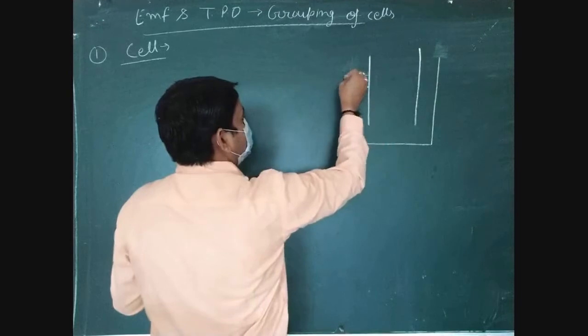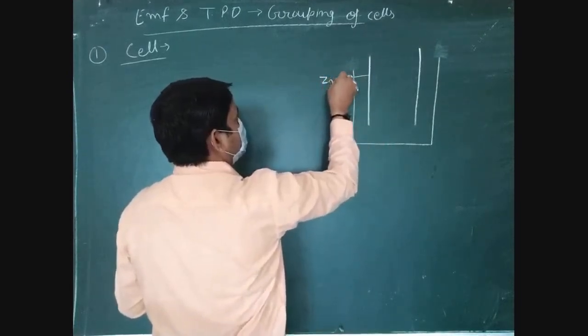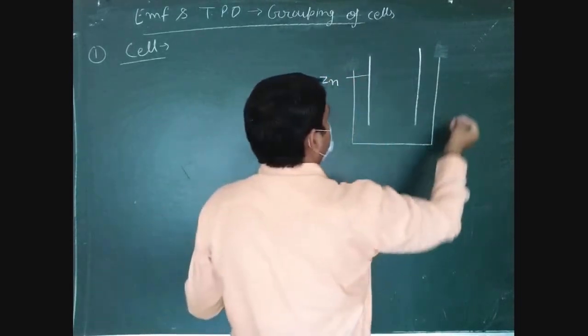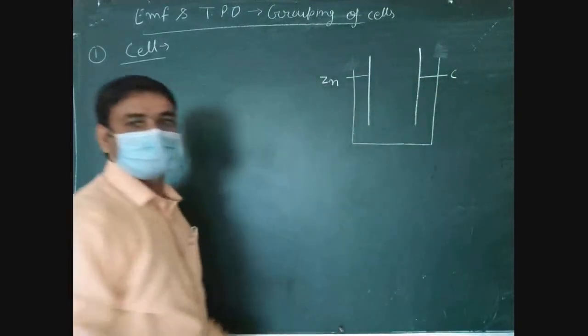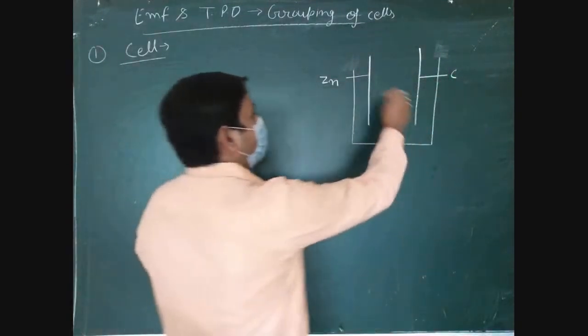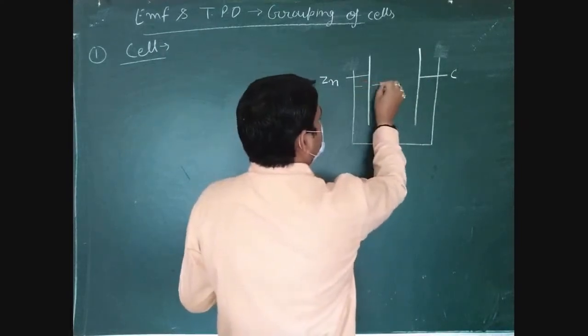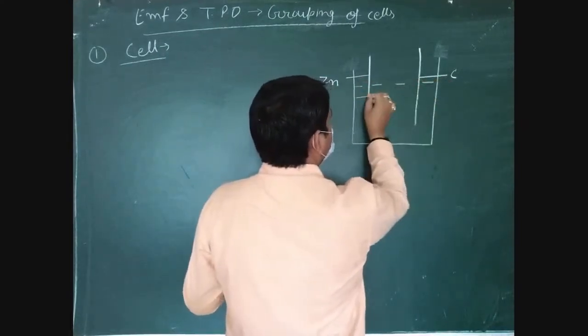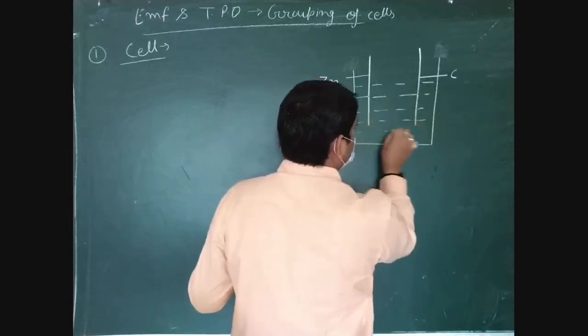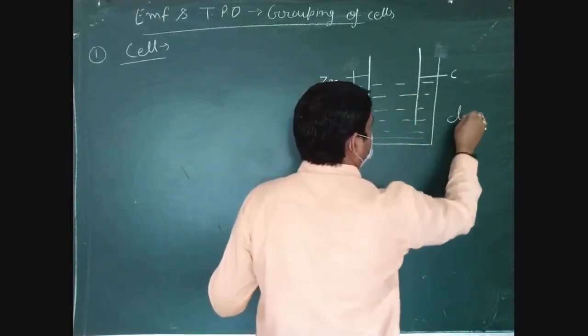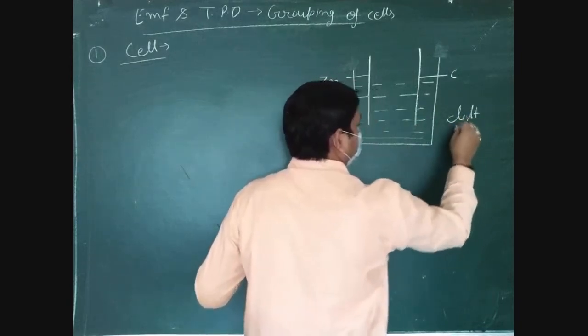This is the zinc rod and this is carbon. The electrolyte used here is dilute H2SO4.